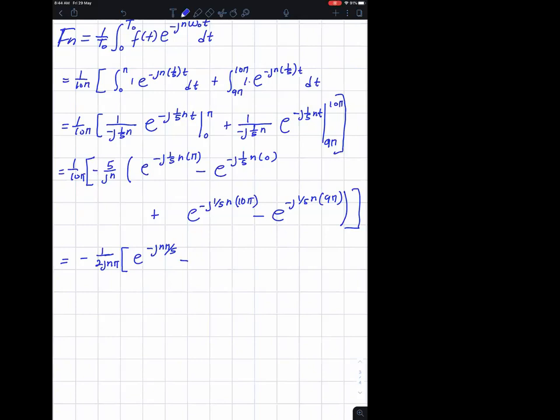And then e to the power of 0 is 1, so it's 1 here, plus e to the power of 10 over 5.